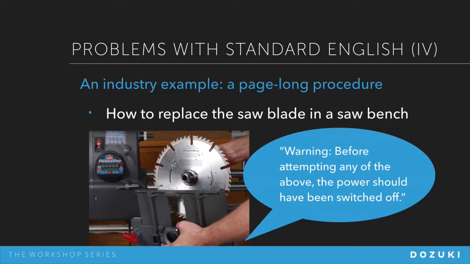Yes. So this example, it's an American company that makes power tools. Just a few weeks before Christmas, a number of years ago, they withdrew a saw bench from all the shops where it had been rolled out with a big advertising campaign. Guess why? Well, they had this page-long procedure within their manual telling home users how to replace the saw blade in the saw bench, and it said in a very polite and British way, before attempting any of the above, the power should have been switched off.